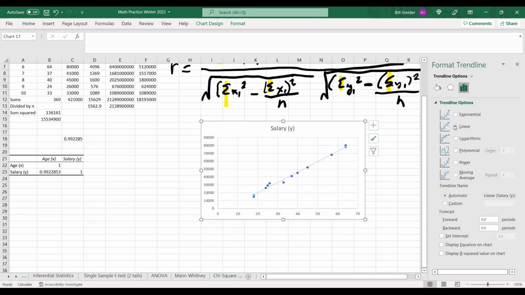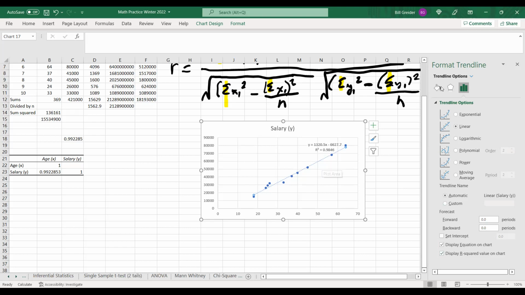And then I'm going to go ahead and do two other things. Down here, when this box pops up, and this is going to be the homework, we're going to display the equation on the chart. So I'm going to click that, and you can see that an equation just popped up. And I'm going to display the R squared value on the chart. Everybody see that?